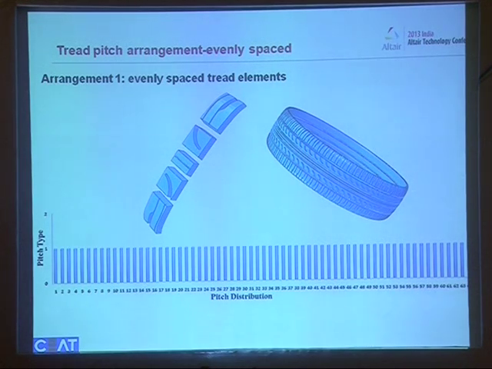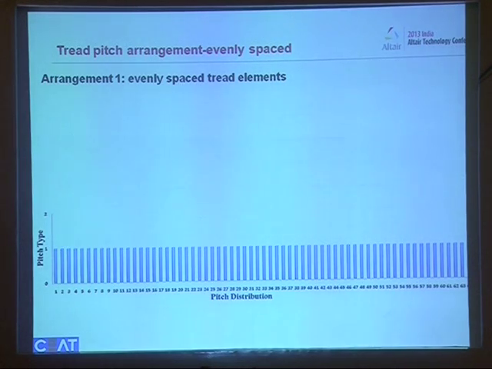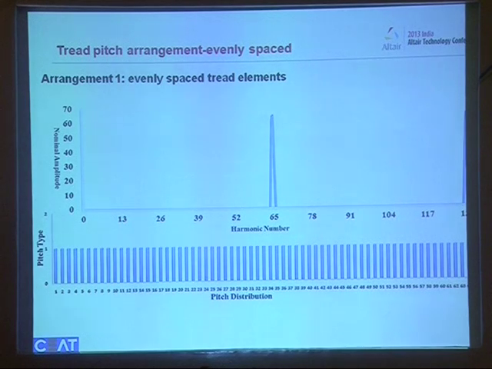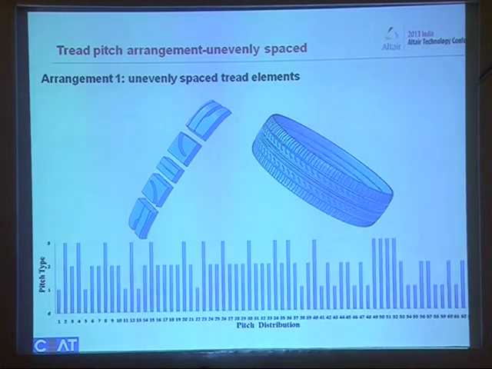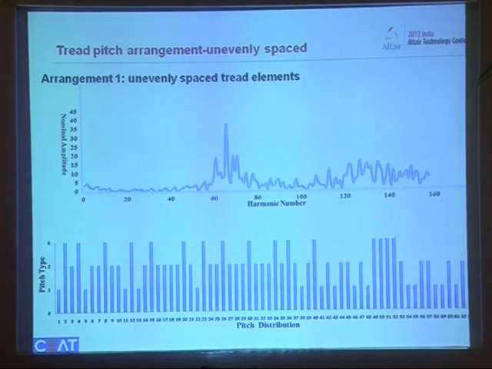If I rotate it, it will become a full tire, and the typical noise will be tonal noise having a particular frequency. If I have a tread pattern where different pitch types are used, the resulting frequency will be distributed. So here, we could say the noise is broadband.